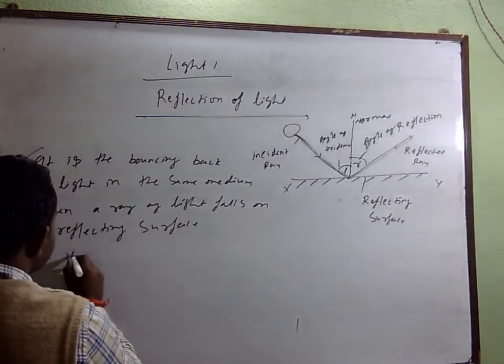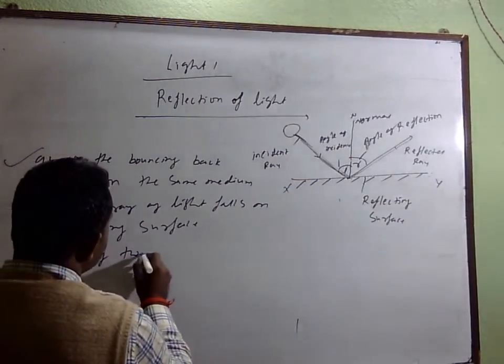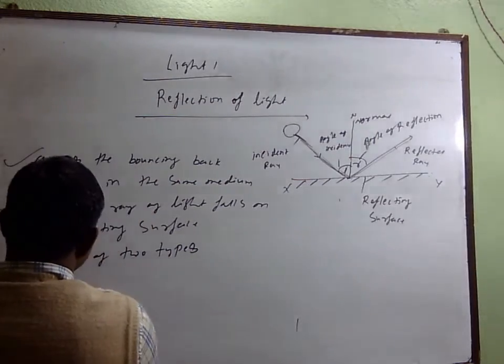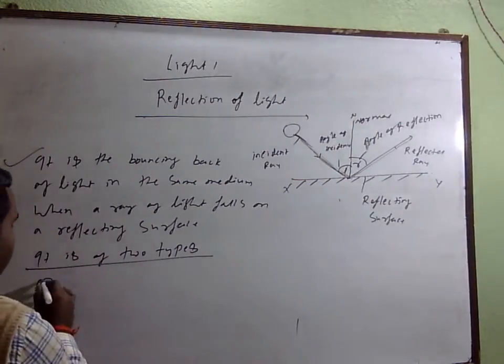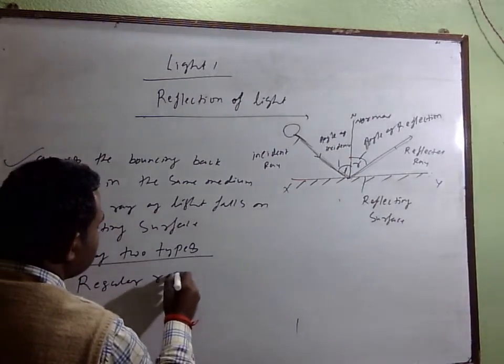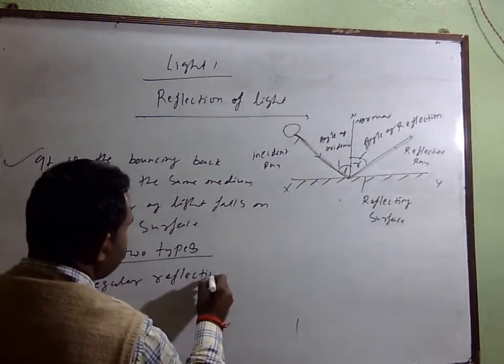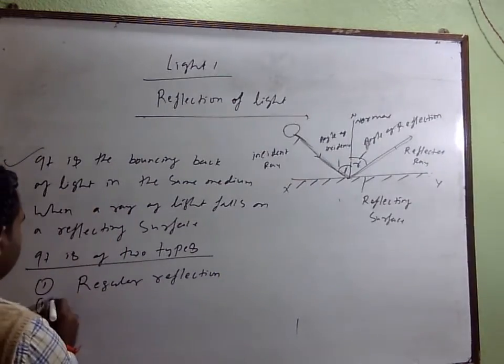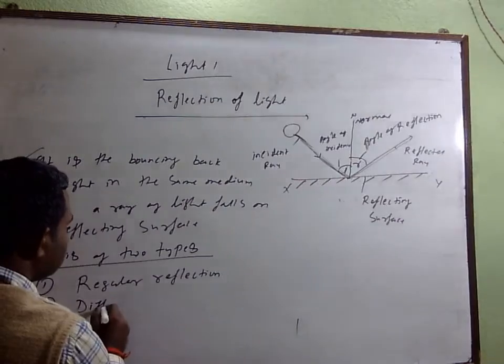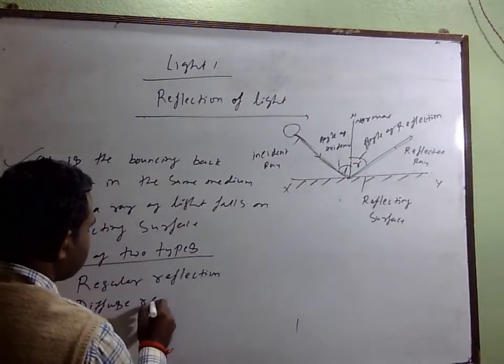It is of two types. First we have regular reflection, and second we have irregular, that is the diffuse reflection.